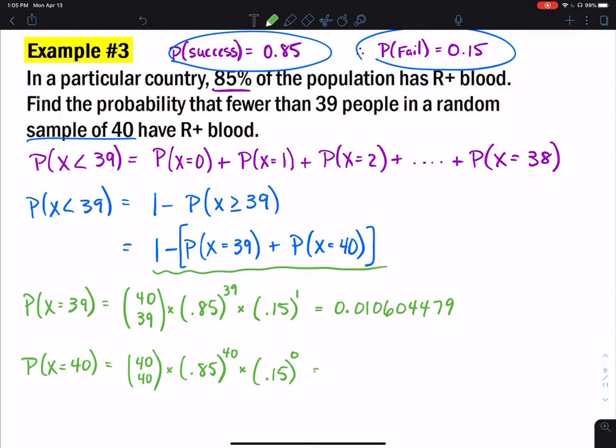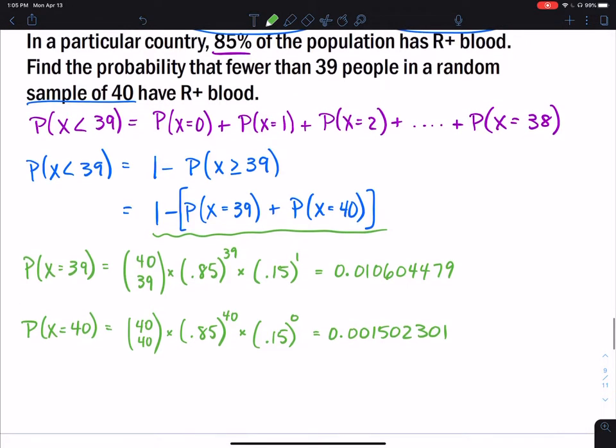If you type that into your calculator, you are going to get 0.001502301.